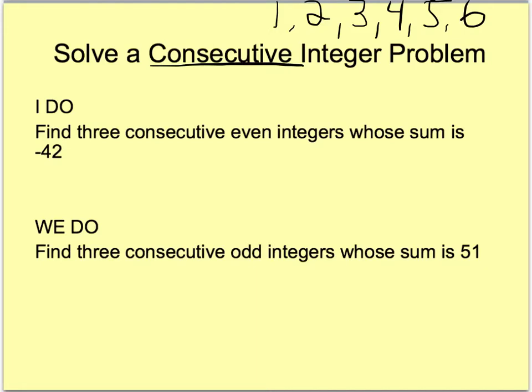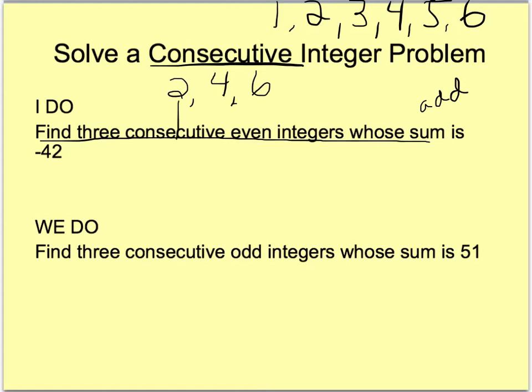So let's look at the first one. If I want to find the first 3 consecutive even integers whose sum is 42. So sum means to add, and consecutive even integers would be, for example, if they're even, let's say I start with 2, the next even number would be 4, the next even number would be 6, okay? So we don't know what these actually are.